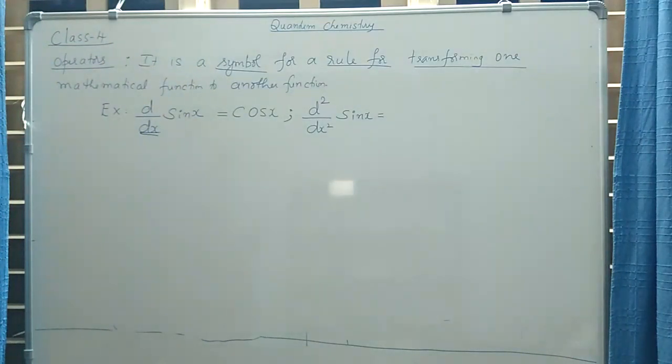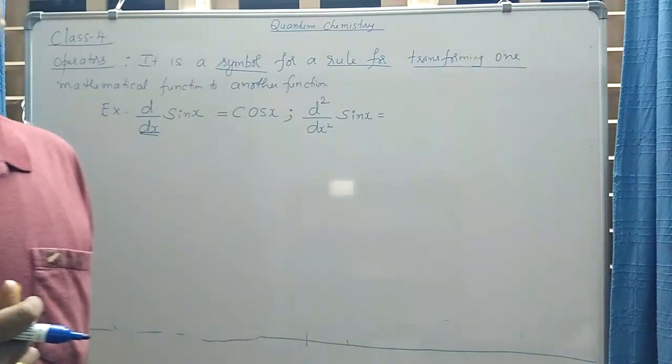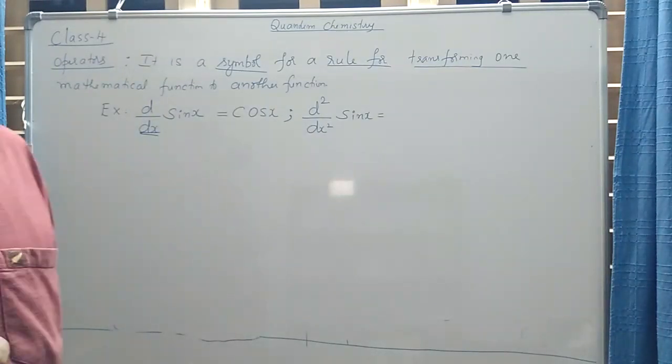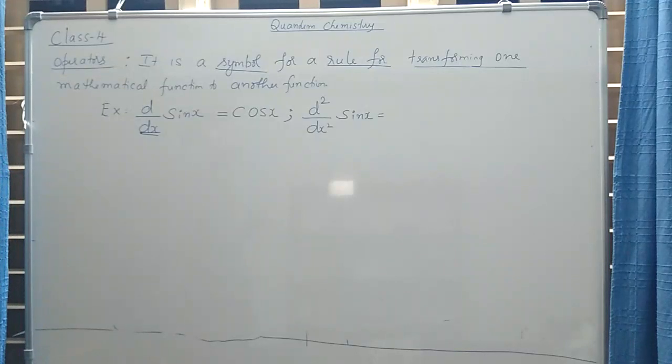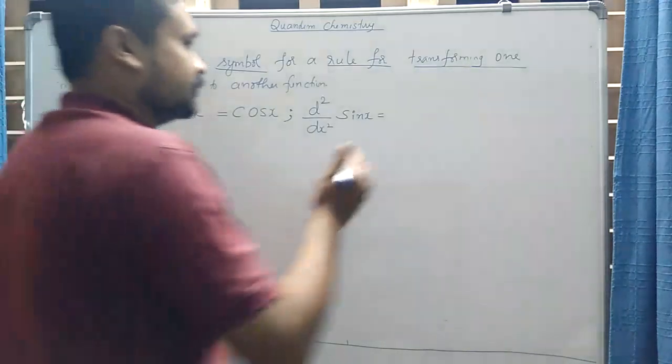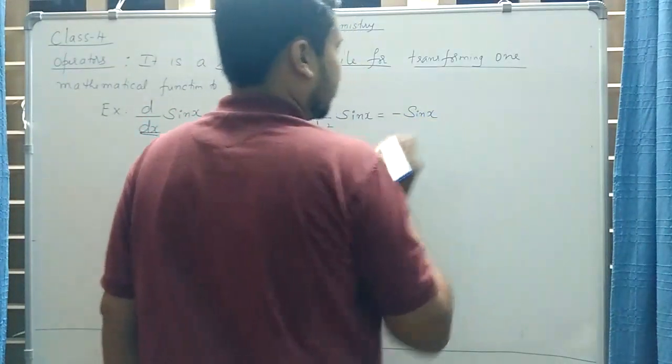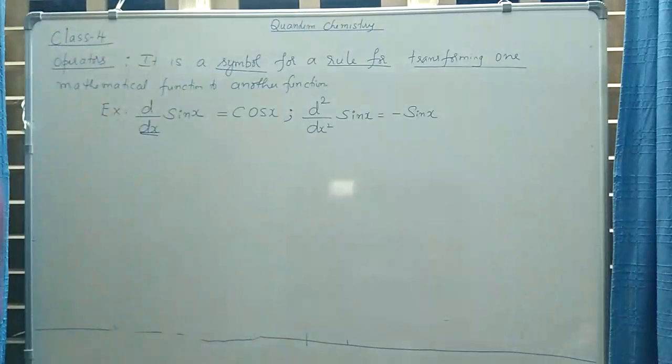It will take the second derivative of sin x with respect to x. The first derivative of sin x is cos x. If I differentiate again, it becomes minus sin x. So the second derivative of sin x is minus sin x.